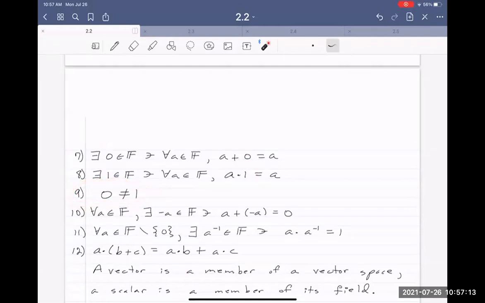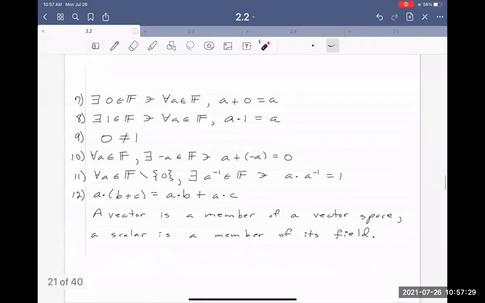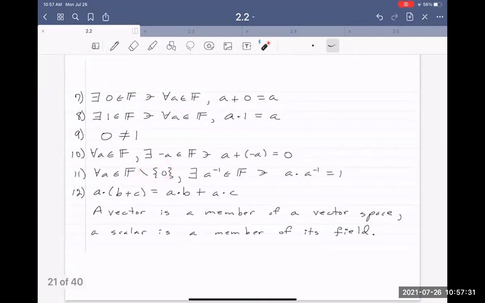Let me assume that 0 is not equal to 1, just so that our field involves more than one number. We can also do that by specifying this, but we sort of specified it here.